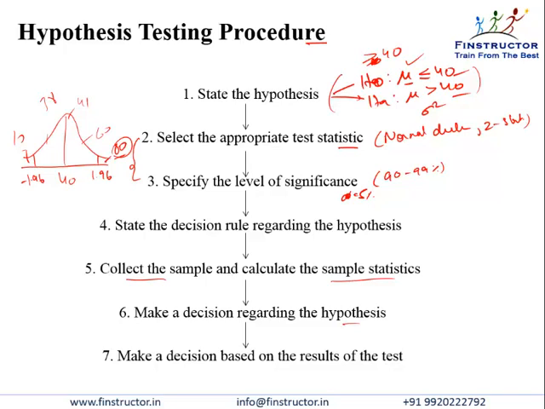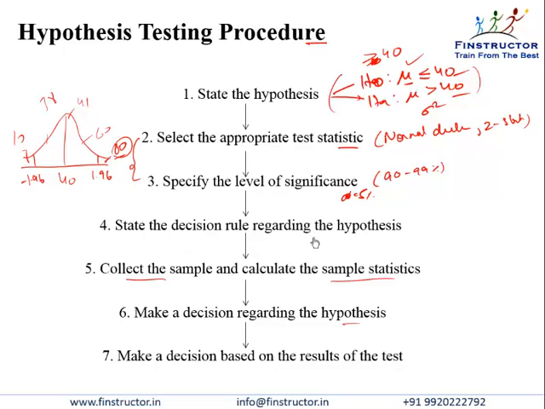So anyways, at this point, the idea is just to remember those 7 steps. Once we do a couple of questions, the steps will become absolutely clear. But step 1 is to state the hypothesis. Step 2, select the test statistic that will come from what the hypothesis is like. On the mean, it will normally be the Z statistic. State the level of significance, that is how confident you want to be when you reject the null.